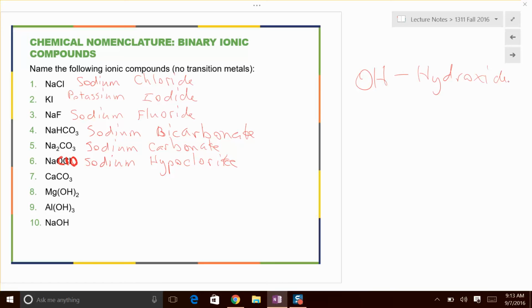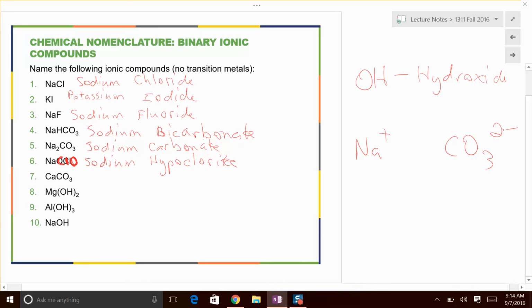Sodium hydroxide. Okay? So that's how I'm going to name these compounds. I never say how many I have. Okay? I don't say disodium carbonate. Why didn't I have to say disodium carbonate? Yes, because it's ionic, and this is what I know.